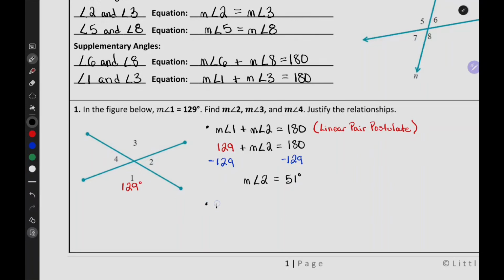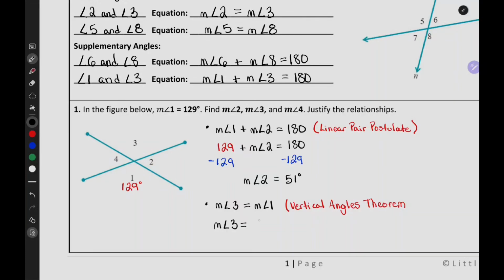The measurement of angle 3 is equal to the measurement of angle 4. That's our vertical angles theorem. So then the measurement of angle 3 is not equal to angle 4. Sorry about that, autopilot. It's equal to the measurement of angle 1.